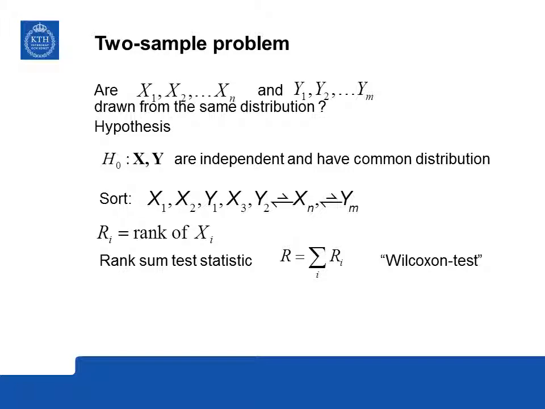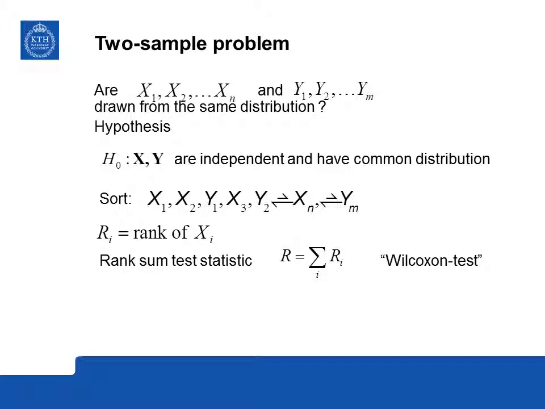And what we do is that we form a rank sum statistic, which is, for instance, taking the smaller set. In this example, if n is smaller than m, then it will be the rank sum of the x's. And the idea is, of course, if x and y have the same distribution, then they should be sort of evenly distributed in this sorted vector. So the rank sums of the x's and y's should be about the same.